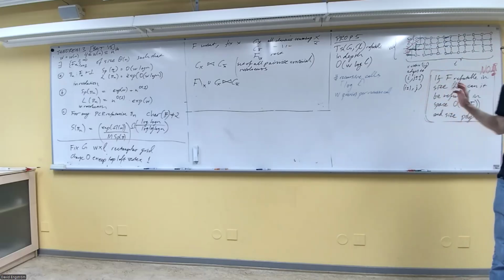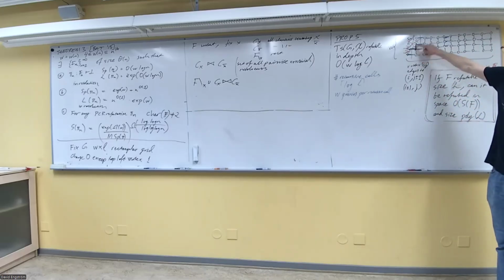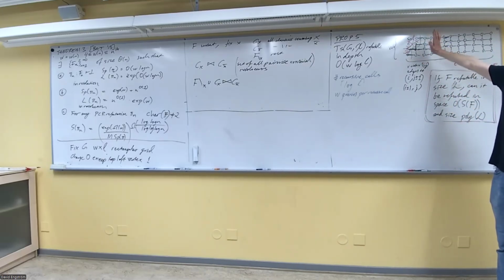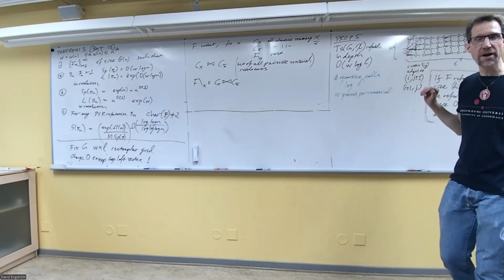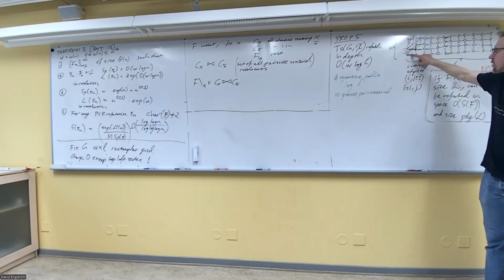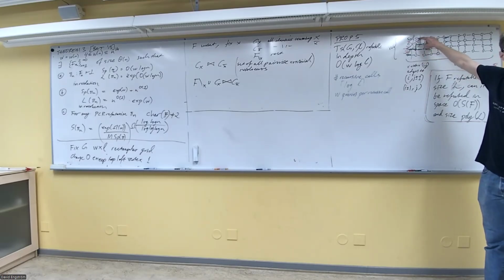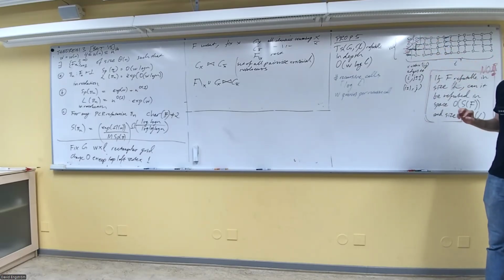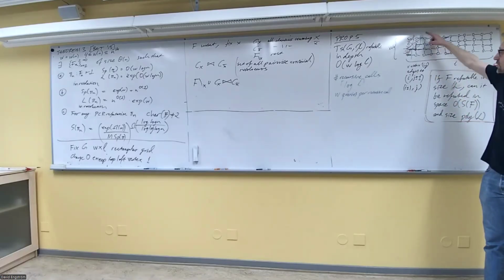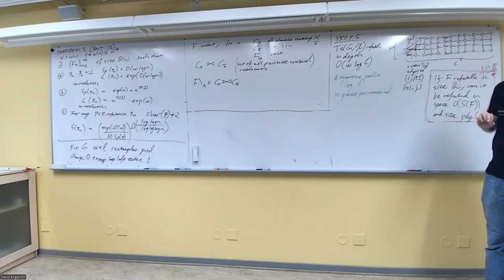But even if you're not buying that it's the parity, it's clearly all my clauses are going to be over these variables. How many variables are there? At most W plus 1. How many clauses could I possibly have here over W plus 1 variables?